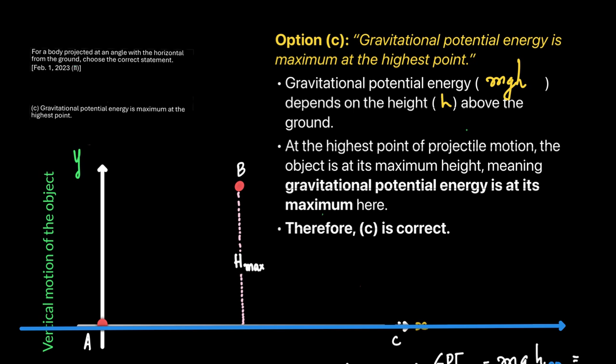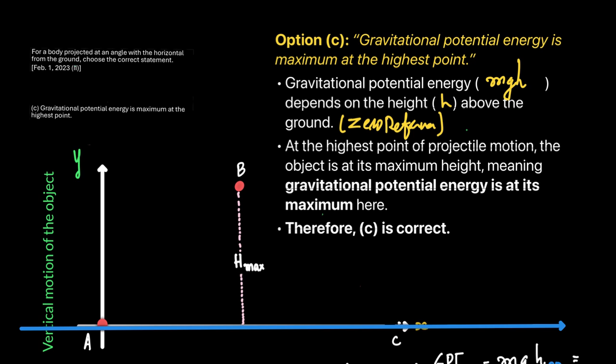Now see, this is the point where concepts should be really strong. It necessarily need not be on the ground always. What I mean is there can be a zero reference chosen for this gravitational potential energy, which can either be the ground or which is arbitrary. You can choose it anywhere along the plane.